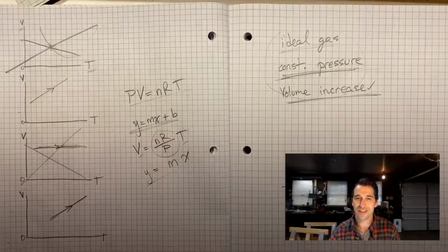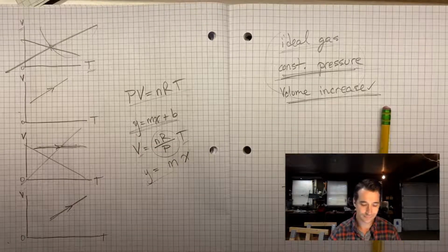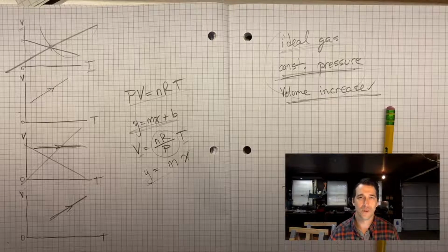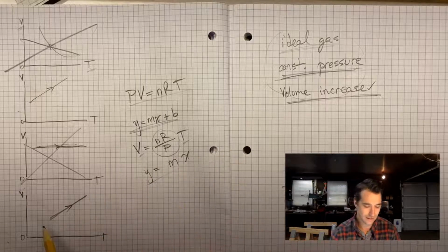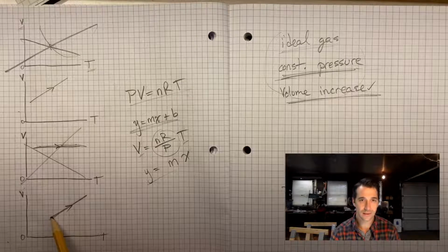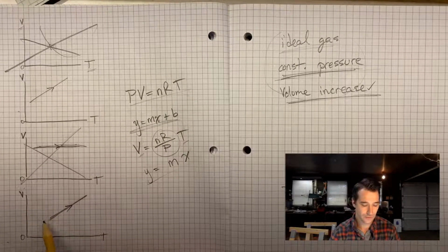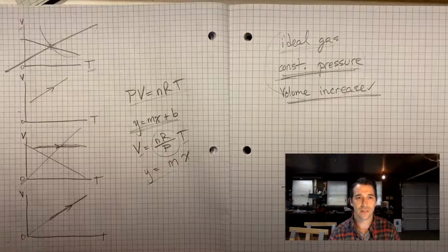There's one more thing that you may or may not have known, and this is one of those things you might need to memorize. The line of a volume versus temperature graph crosses at 0 Kelvin, where there would be no volume.